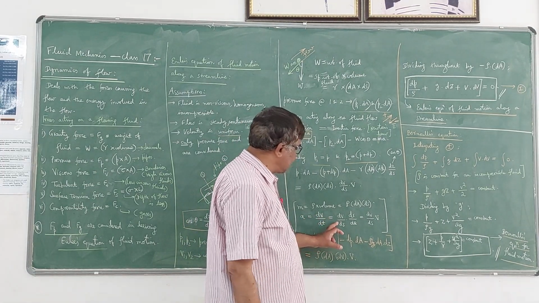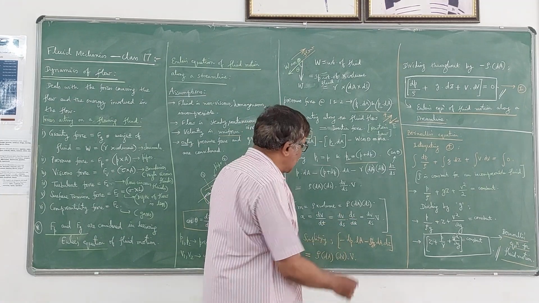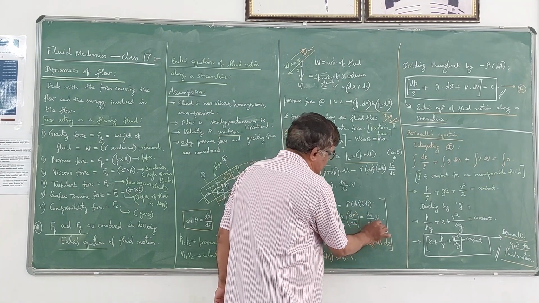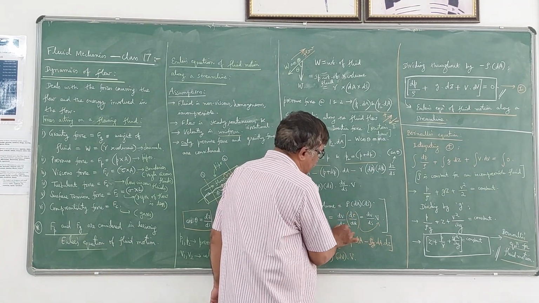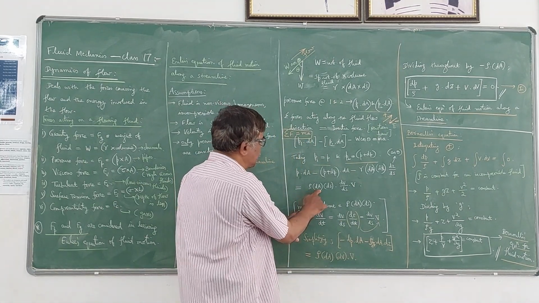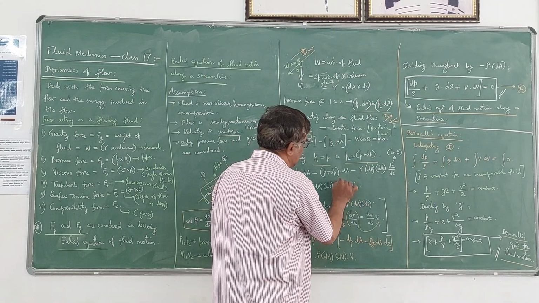This dV by dt can be written as dV by ds into ds by dt as per the chain rule, and ds by dt is nothing but the velocity v. So I can write this as dV by ds into v. Now substituting for m as rho into dA into ds, and for A as dV by ds into v in the RHS.